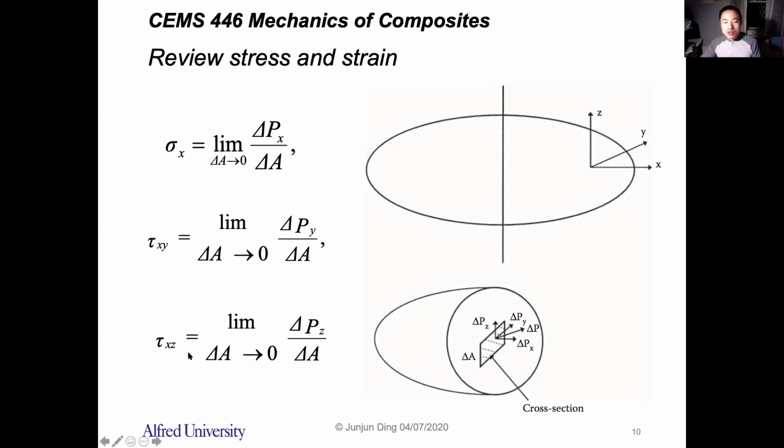Okay, and the other shear stress, which is xz, is the force in the z direction applied to this limited area that is perpendicular to the x direction.